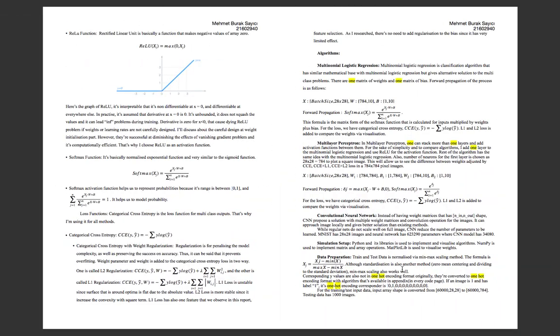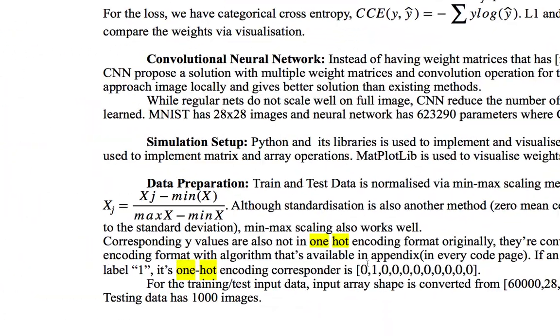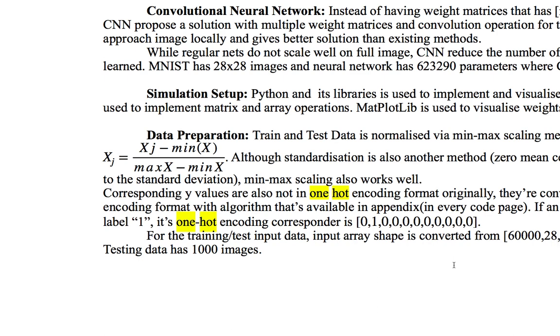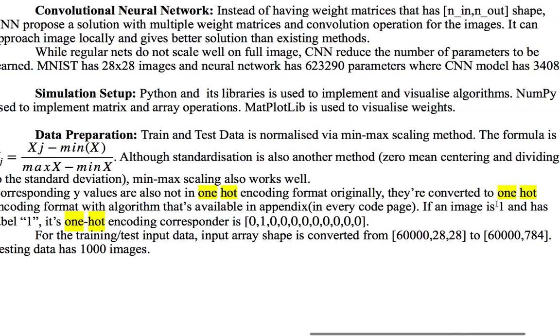To do that, we will be using the one-hot encoding format. If the image is 1, it will be like 0 and 1. So if the image is 5, there will be 1 here. If the image is 9, there will be 1 here, but the rest will be 0.